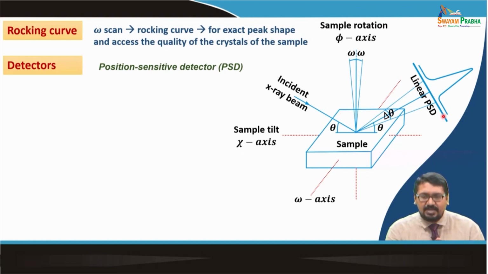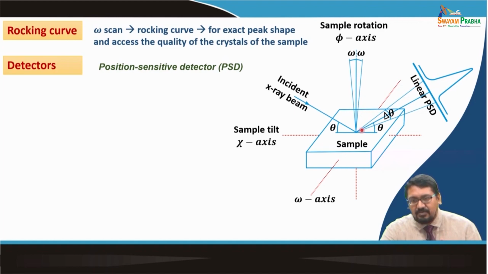We will come to that, but remember that the incident beam is shown as a single line, as if coming like a parallel point, but it is not like that. It is a divergent incident beam, and the diffracted beam seems divergent, but it is not like that, it is a convergent diffracted beam.